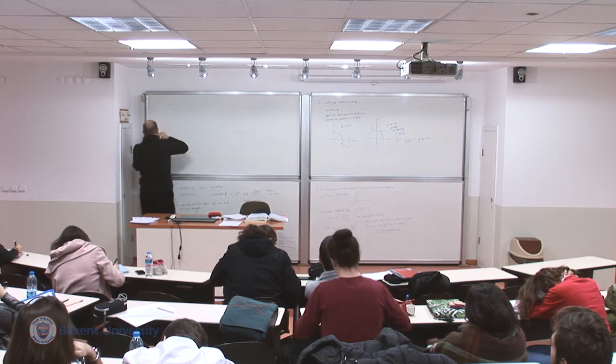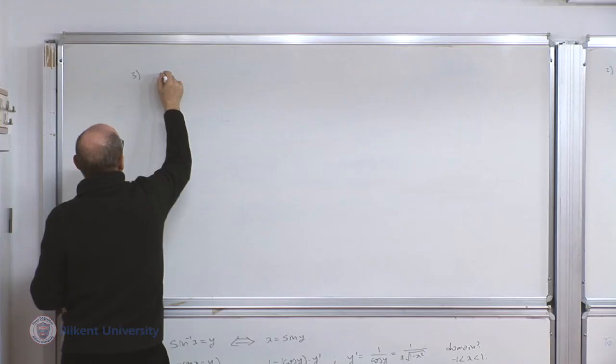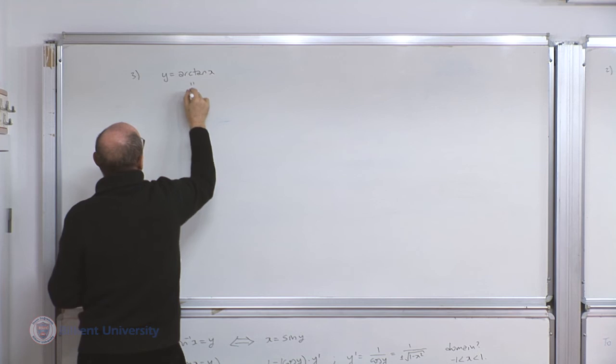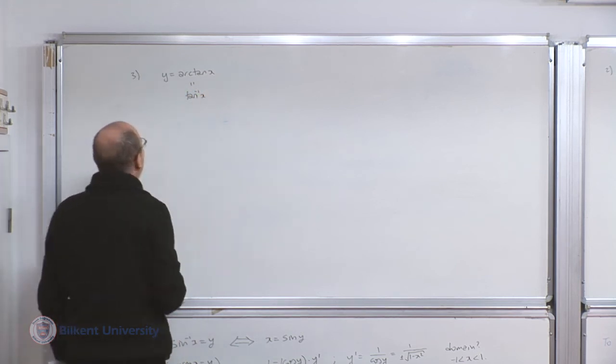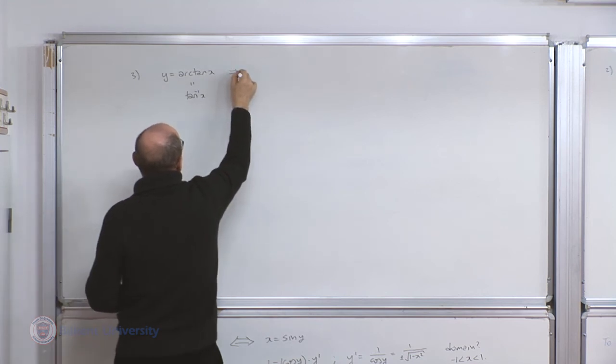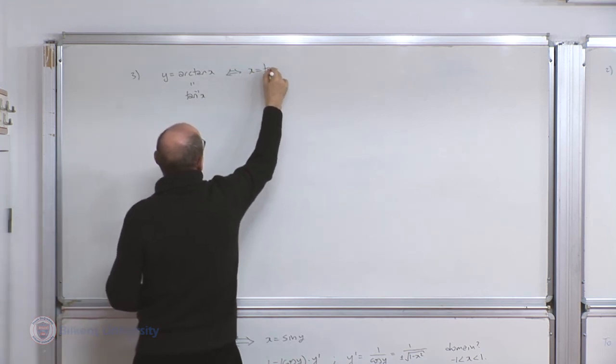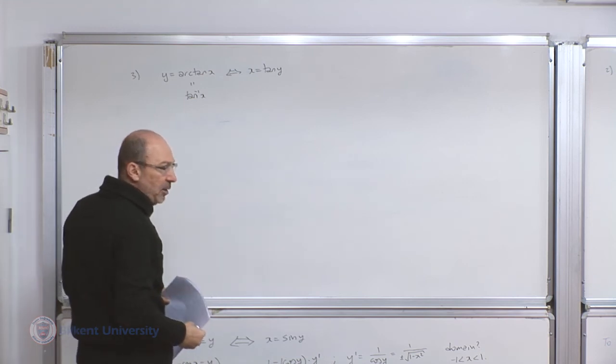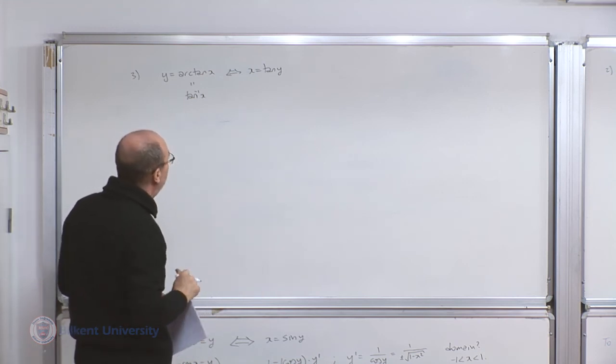Okay, so y equals arctangent x. So this is, you see, tangent inverse x, but we generally don't use this, it's confusing. So this is true if and only if x is equal to tangent y. I'm interested in y prime in these things. We are trying to find derivative formulas.